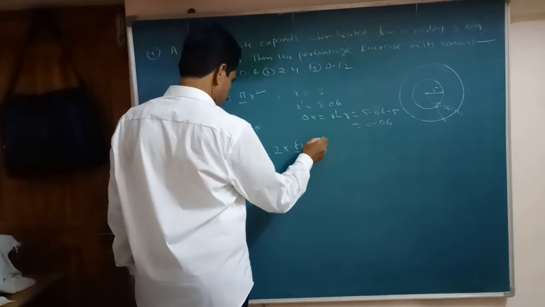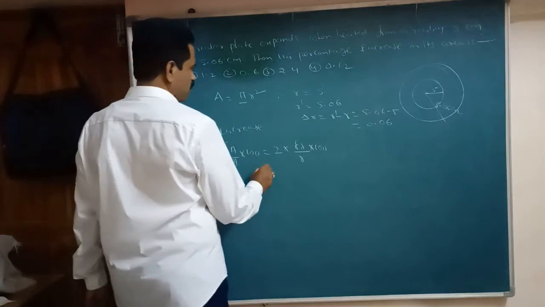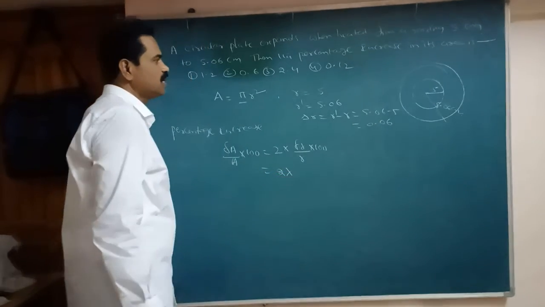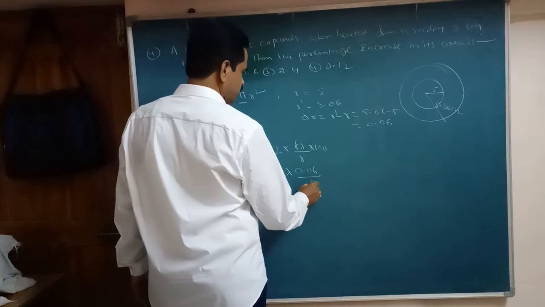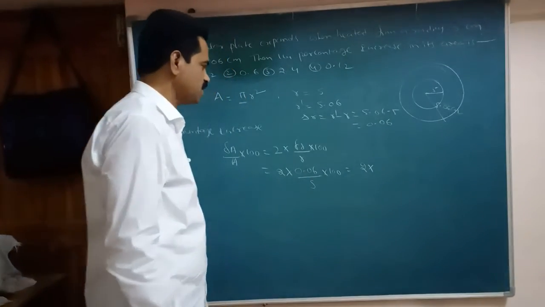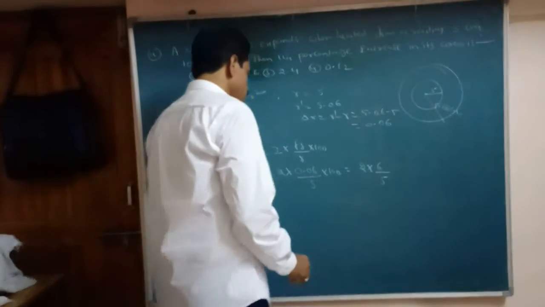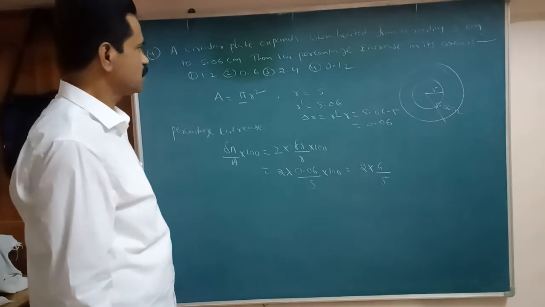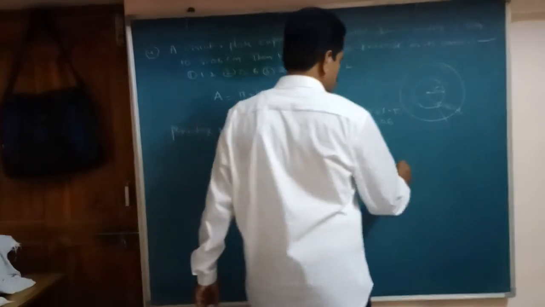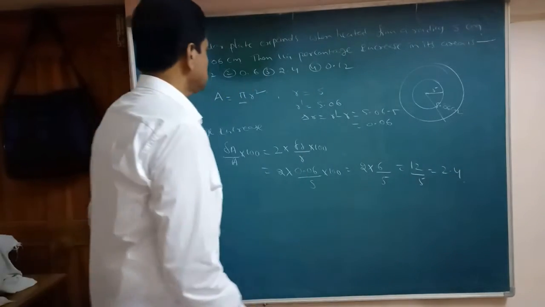So 2 into delta r by r, into 100, that equals 2 into 0.06 by 5 into 100, that is 2 into 6 by 5. So that equal to 12 by 5, which equals 2.4. So the third option.